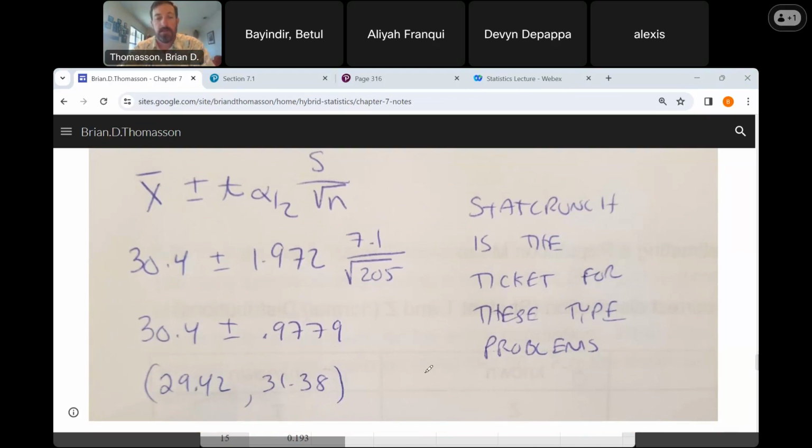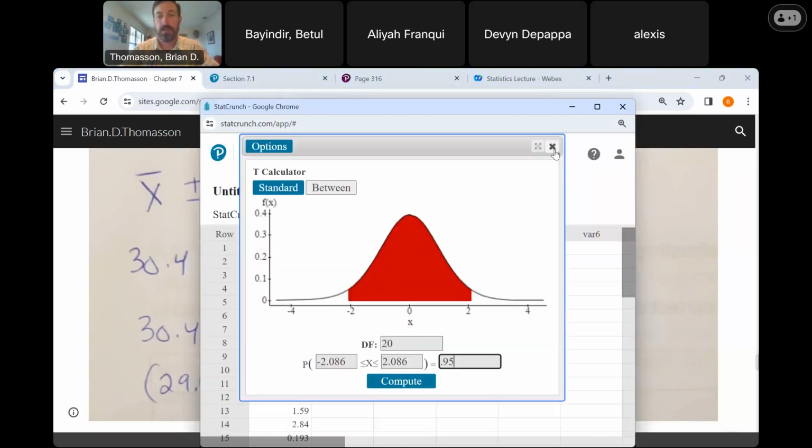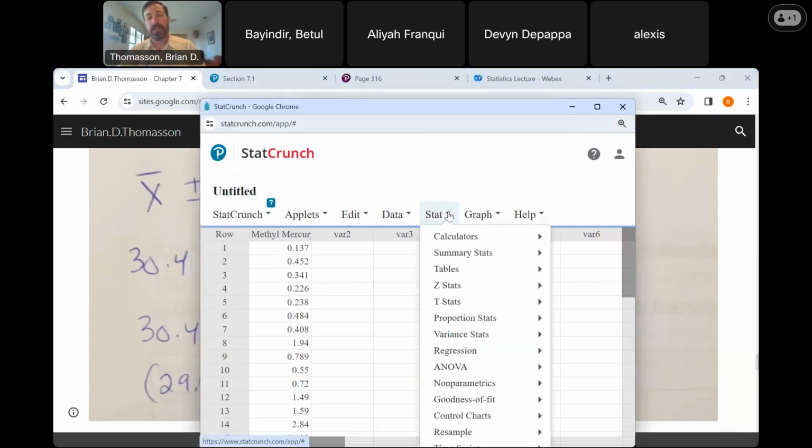All right, so let's do this in StatCrunch. We're going to go under Stat, and we have a bunch of choices here. Don't try to make this too difficult. What we do in this section is we're using our t distribution.